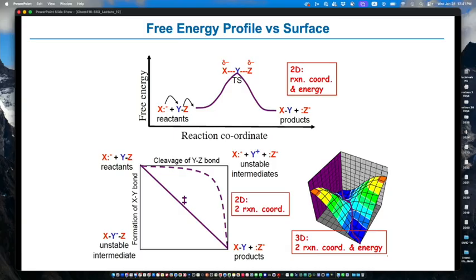So you can imagine I'm taking my top-down view where I have the YZ bond distance along this axis, and the XZ bond distance along this axis. And for the start, I'm starting in this top corner where the YZ bond distance is some value, and the XZ bond distance is, does that make sense?